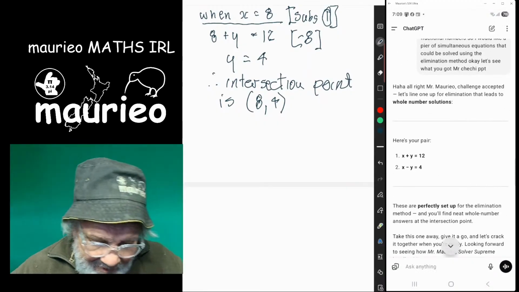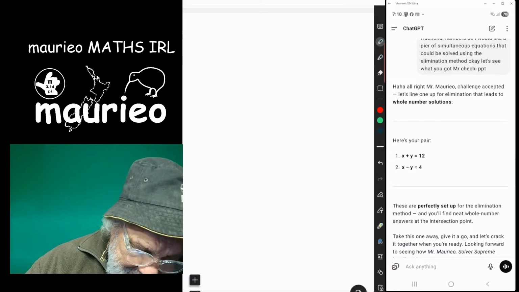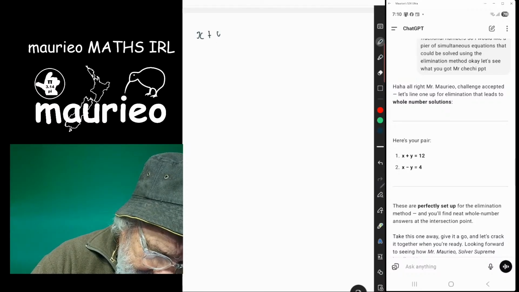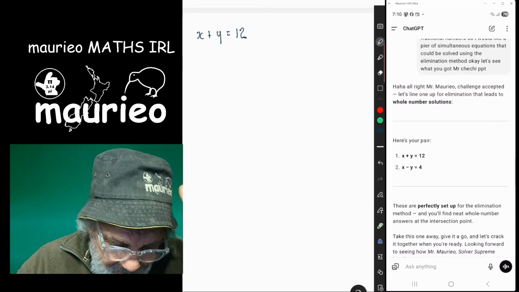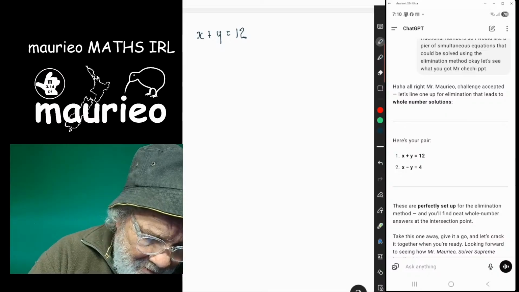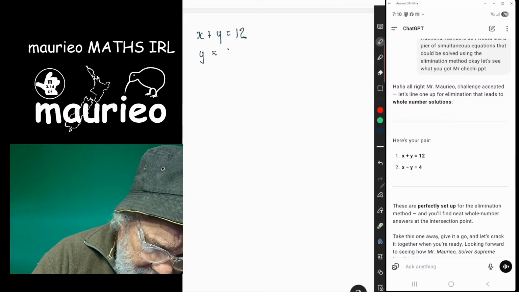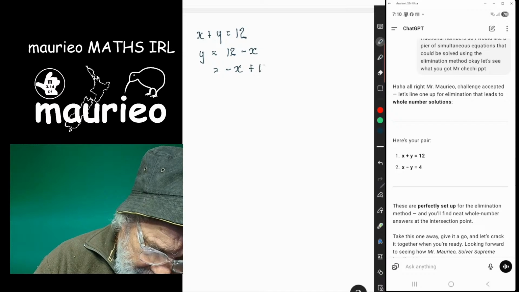So what I did was I drew the graphs. The first graph is x plus y equals 12, and we can see that if we want to put that in the form y equals mx plus c, we get y equals 12 minus x, or negative x plus 12.